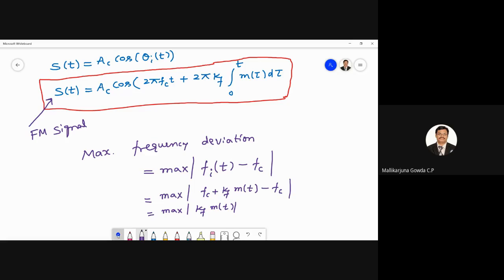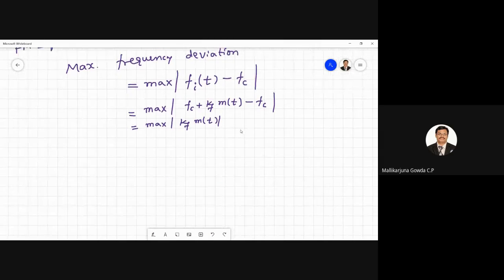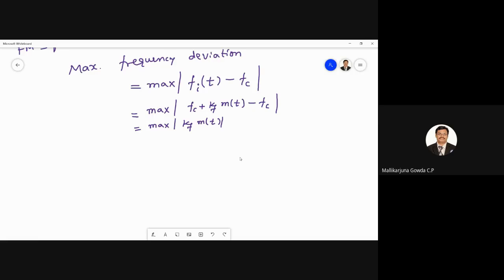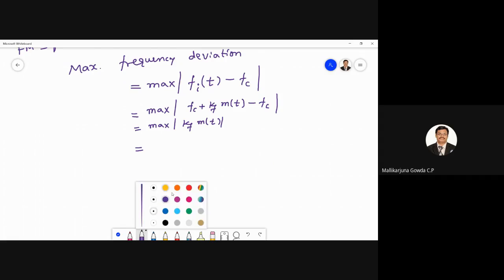We can take this Kf outside, and write it as Kf into the maximum value of m of t.